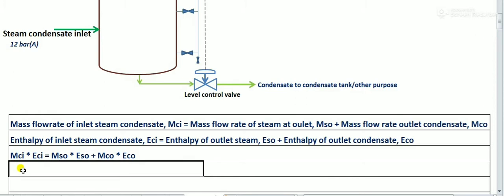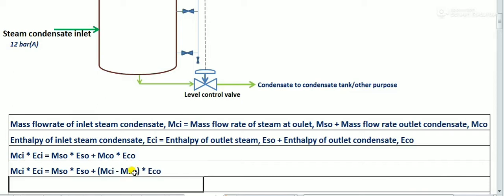Mass flow rate of condensate inlet we know, enthalpy of condensate inlet we know, mass flow rate of steam outlet we don't know. We don't know the value of the mass flow rate of condensate outlet either, so we convert it into steam outlet: MCO is equal to MCI minus MSO as per the first equation, right? So MCI minus MSO.